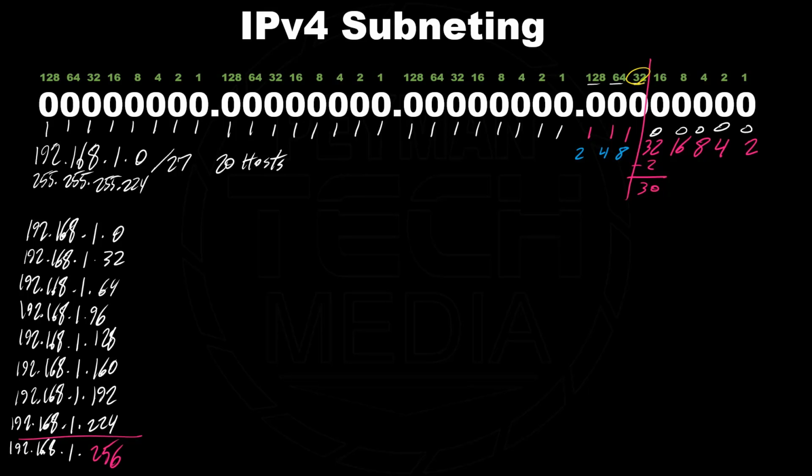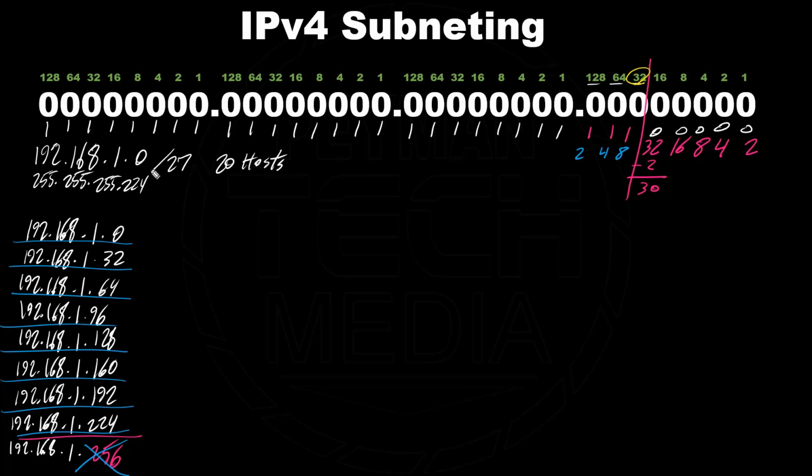And I did use a different color. So of course we don't have 256 in the octet. So here we can see this is our first subnet, second, third, fourth, fifth, sixth, seventh, and 8 here. So this 256, it's not valid.